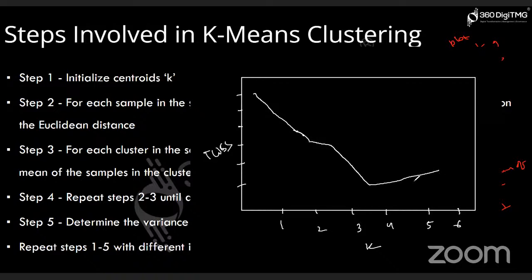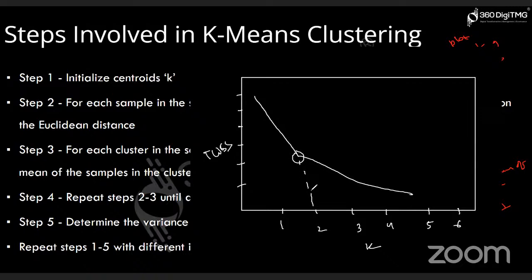This kind of plot you might be able to see. Wherever we find a prominent bend or change in slope, we will take that point as our number of clusters.